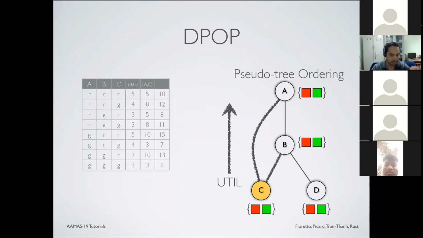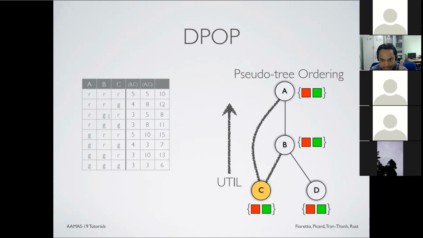So we will take all the possible combinations, and based on that, we will be choosing the values of C. So putting the values of A and B as red, red: if A and B both are red, C can be red. If A and B both are red, C can be green. The value part, the utilities part, we will be calculating later. Let us first complete this part of the table.